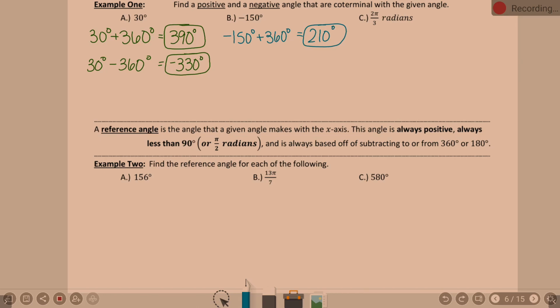What about a negative coterminal angle? You're going to go back to your original negative 150 and subtract 360 degrees. Negative 150 minus 360 is negative 510 degrees.